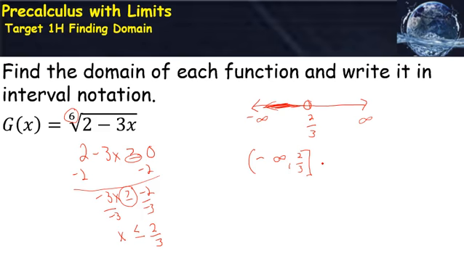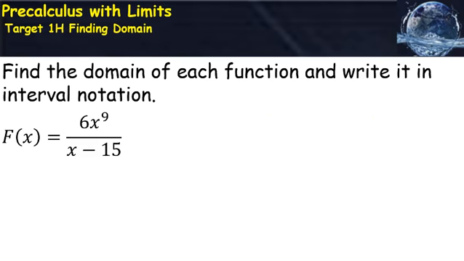Okay, the next problem is a fraction. And the problem with fractions is whatever's in the denominator can't be 0. So I'm just going to write that. I'm going to say, all right, x minus 15 cannot be 0. So I'm going to solve that. I'm going to add 15. And I'm saying x cannot equal 15.